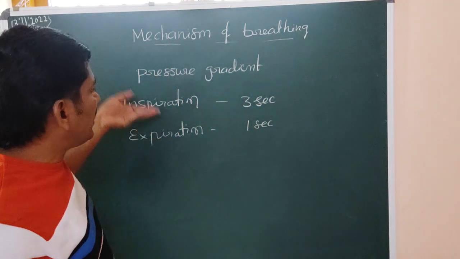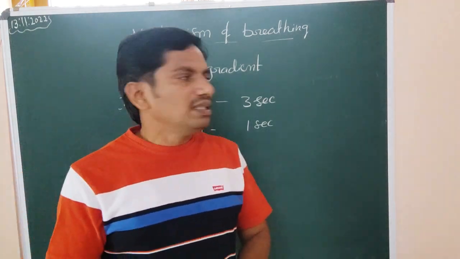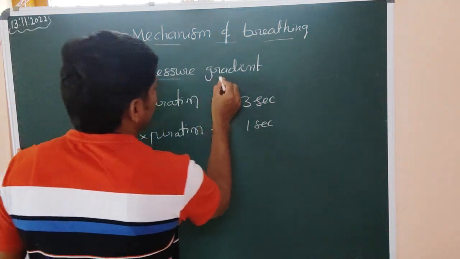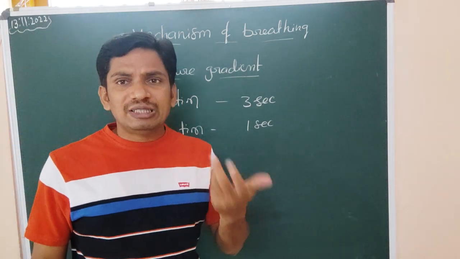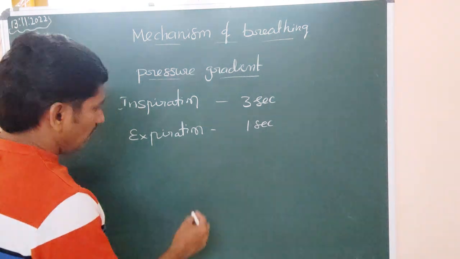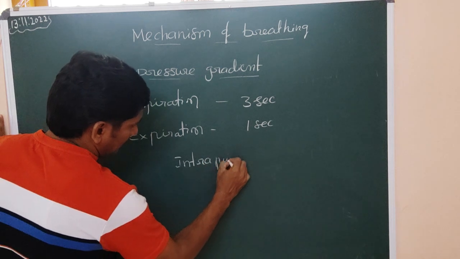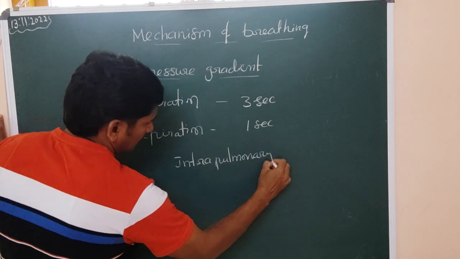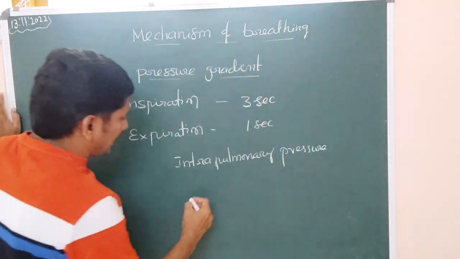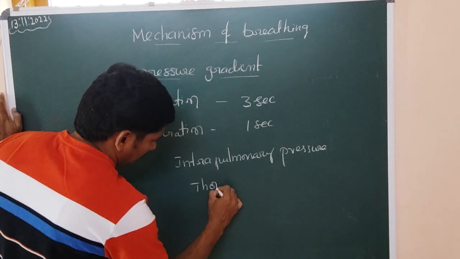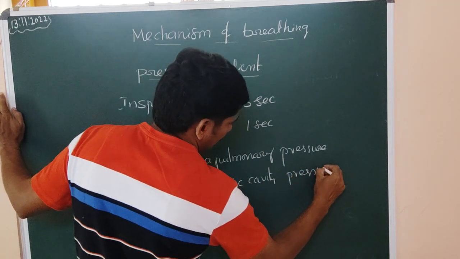Now here, for inhaling and exhaling air, what I told you is the pressure gradient, the difference in pressure. We have to remember which pressures we are dealing with. One is the intra-pulmonary pressure and the other is the thoracic cavity pressure.